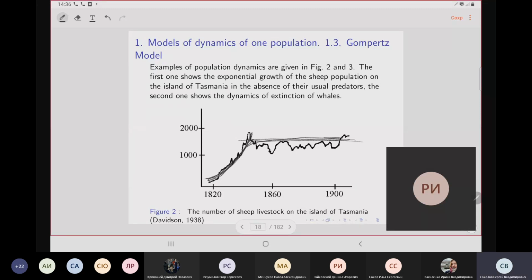So we want to have a mathematical model with a similar solution. There were no predators on Tasmania, but as the environment has limited capacity, the sheep population stabilized near some point. In some years the population decreased, in some years it increased, but still it was more or less stable.